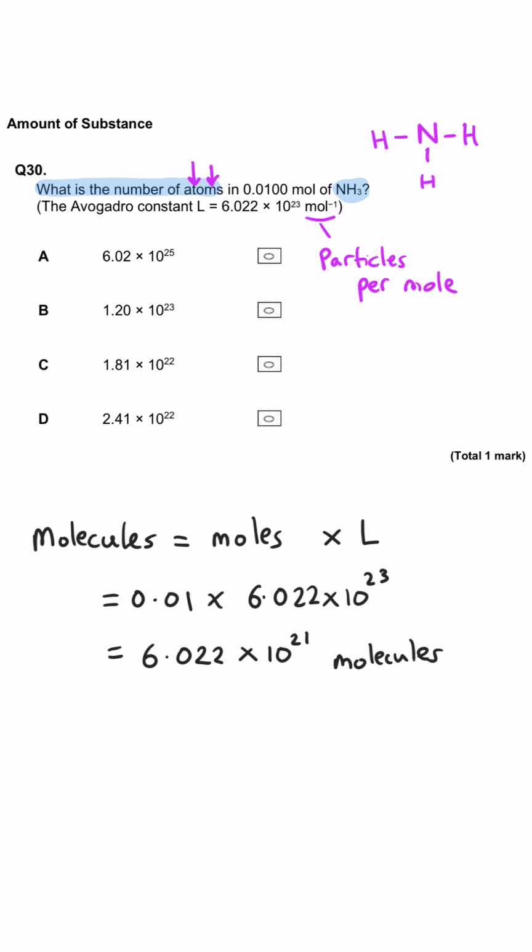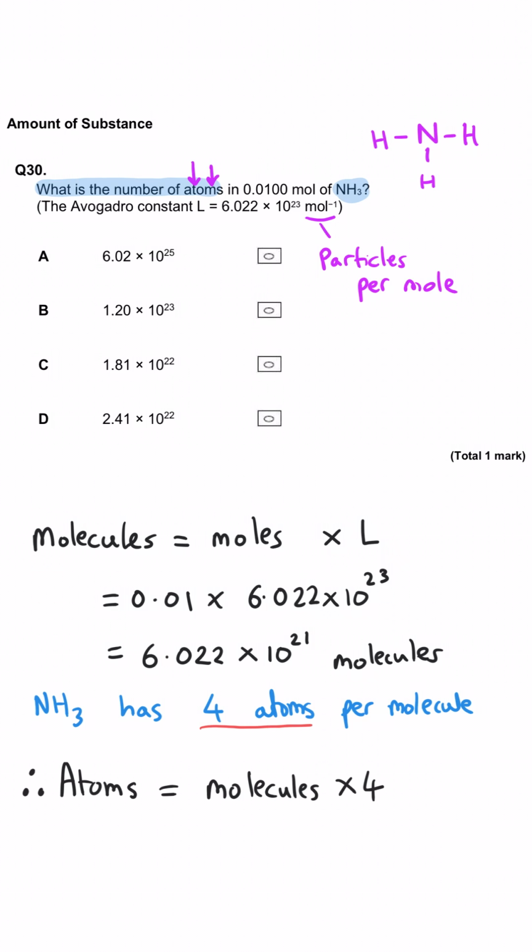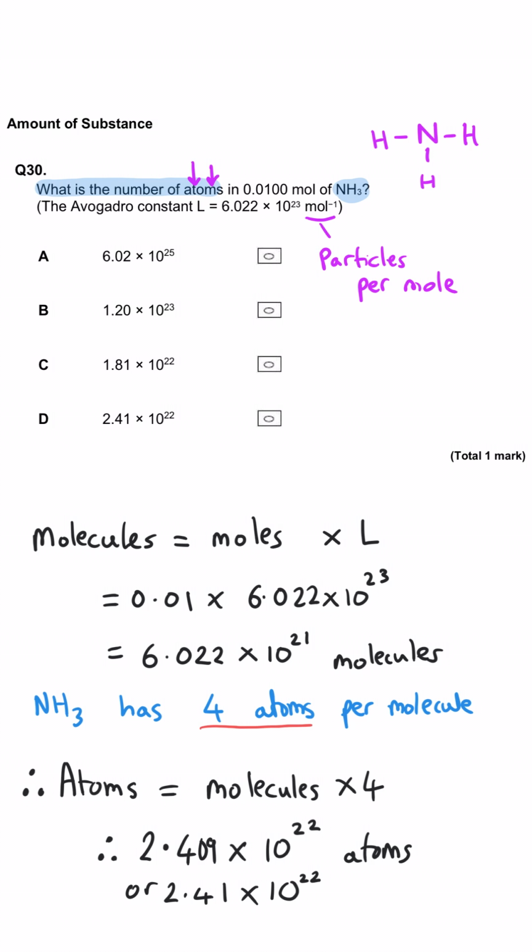Now, each molecule of ammonia has got 4 atoms in it, and so the total number of atoms will be 4 times bigger than the total number of molecules, which gives us an answer of 2.409 times 10 to the 22, or 2.41 times 10 to the 22, to 3 significant figures, which means that D is the correct answer.